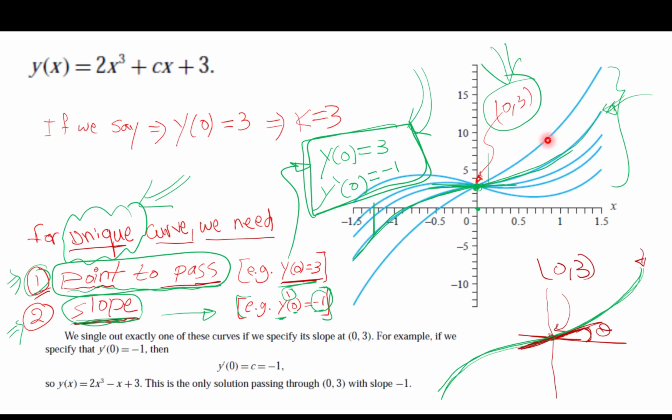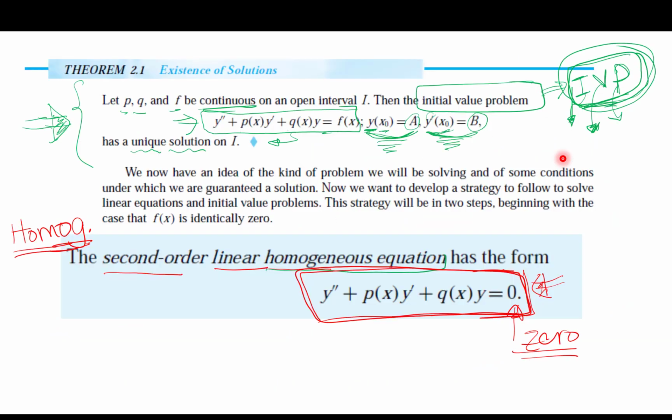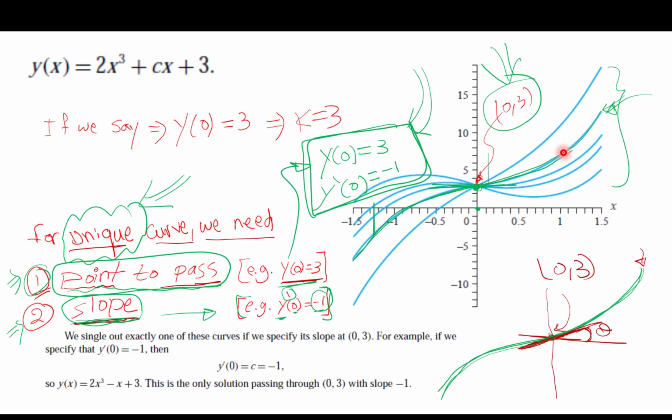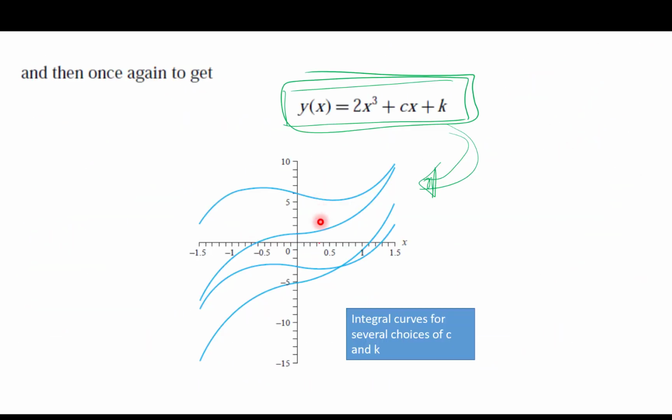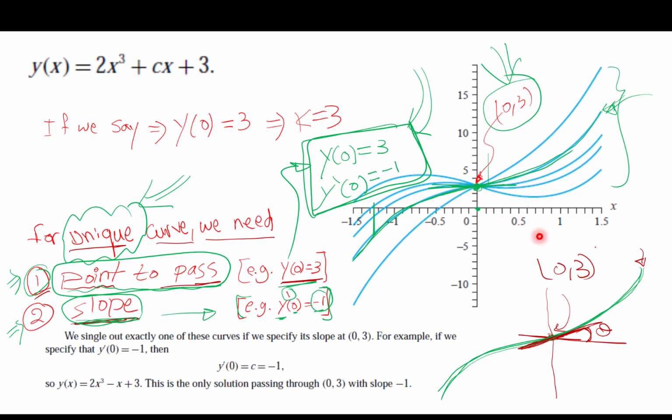Then we have a narrower range for the general solution. After that, we use the unique solution, by assuming that we know the slope, which is y prime equal to a certain value when x equal to 0.